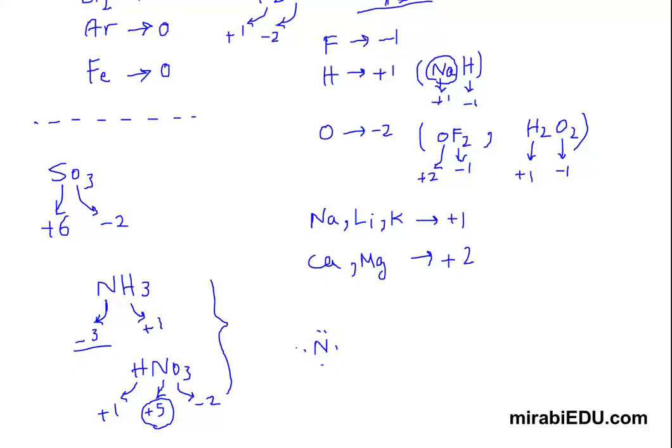So it has 5 electrons in the outermost shell. It can give 5 electrons, so +5 is the greatest oxidation number it can be, and -3 is the lowest oxidation number it can be, because if it takes 3 electrons, it will be octet.